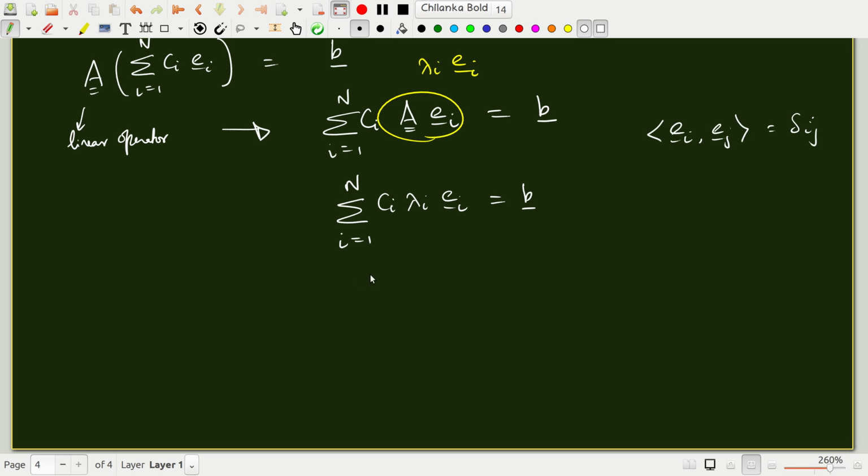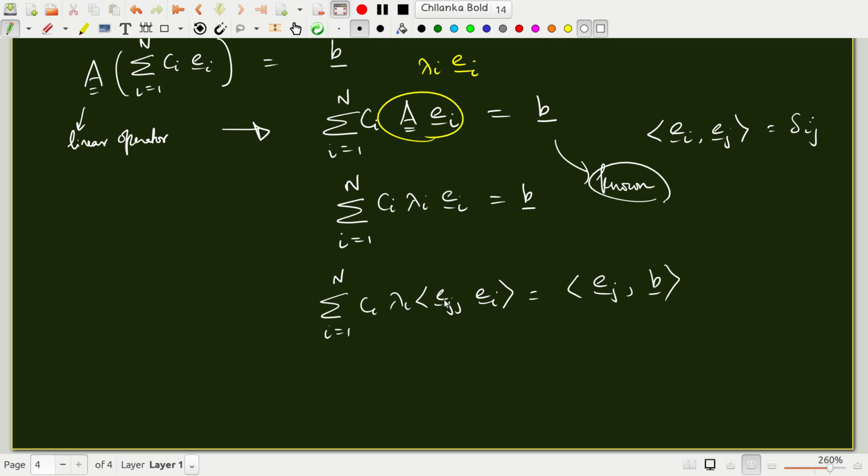Now I want to find the coefficients Ci, but I know that Eis are orthonormal. So I take the inner product with respect to Ej, so I'll get summation i is equal to 1 to n Ci lambda i times the inner product of Ej and Ei is equal to the inner product of Ej and b. This is a known vector, right? So Ej comma Ei, I'm sorry, this is delta ij.